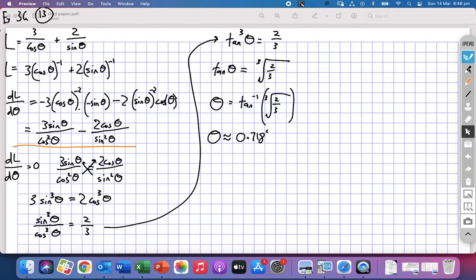So, are there limits to that angle? I think there are. The angle can't be smaller than 0, and it can't be bigger than pi on 2. This is about 40 degrees, so it's pretty close to being in the middle.